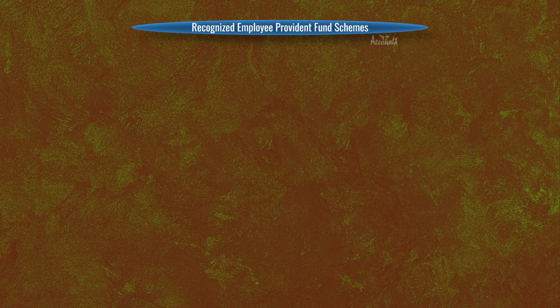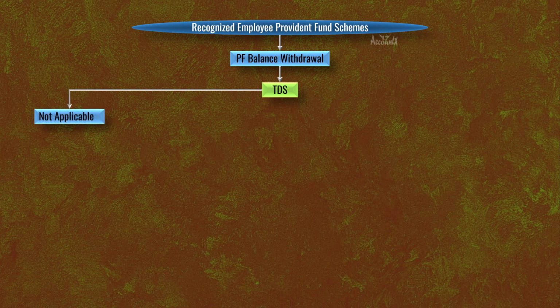Let's say you have your PF account with one such recognized employee PFS. And after you quit your job, you decide to withdraw your PF. Now, as far as TDS is concerned, in some situations TDS is not applicable, in others it is applicable. Let's now see when it's not applicable. First, if you have rendered continuous service of 5 years.